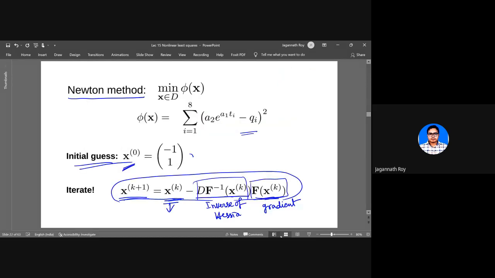So what we can do is substitute, this is A1 and A2, and try to find out this x1. This is x0 now, and substitute these values.